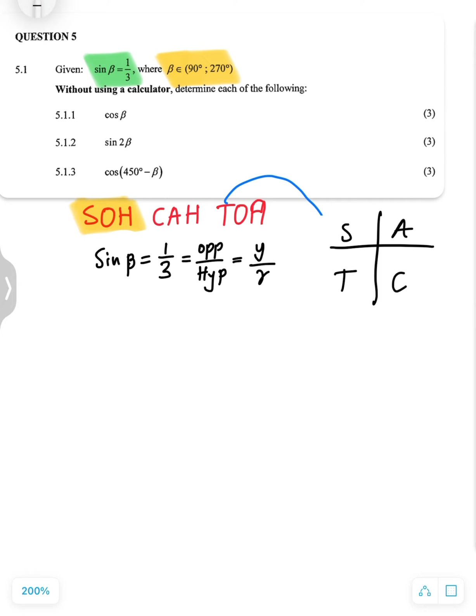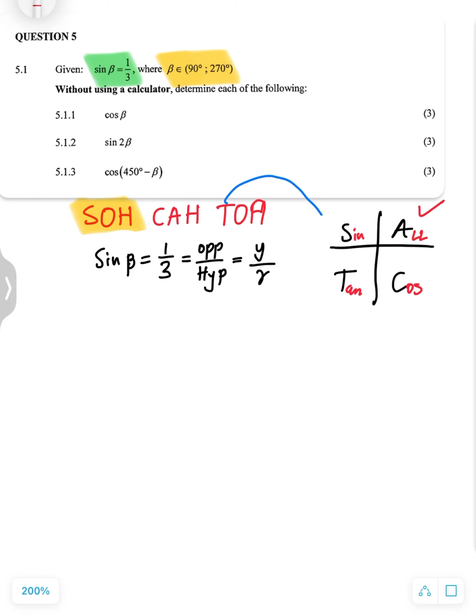C stands for cos, A stands for all of them, which means sine, cos, and tan, S stands for sine, and T stands for tan. In the first quadrant, all of sine, cos, and tan are positive. In the second quadrant, only sine is positive, and in the third quadrant, only tan is positive. And in the fourth quadrant, only cos is positive.